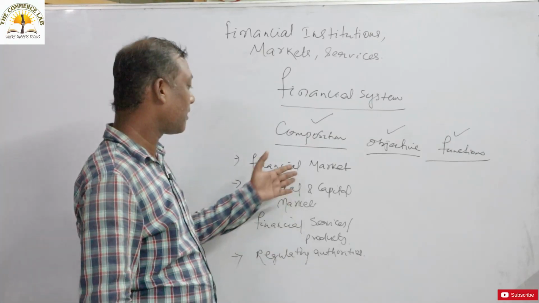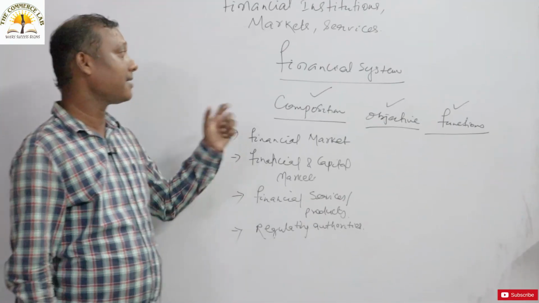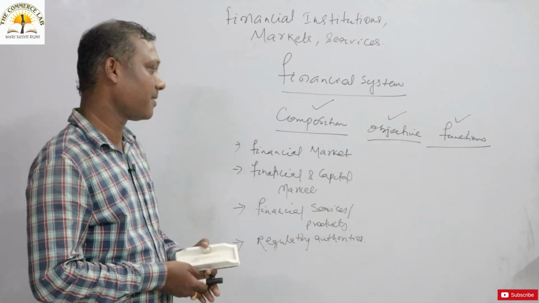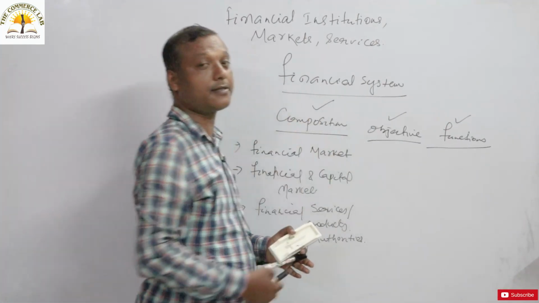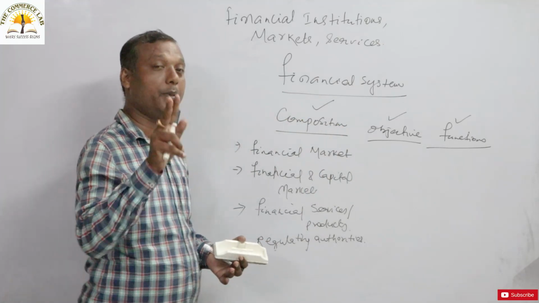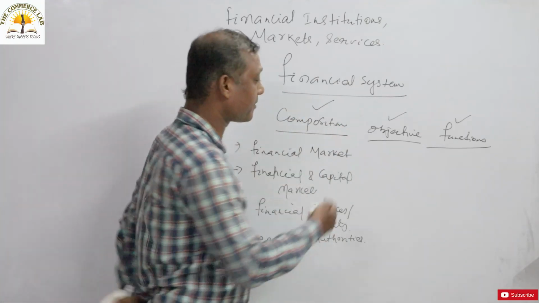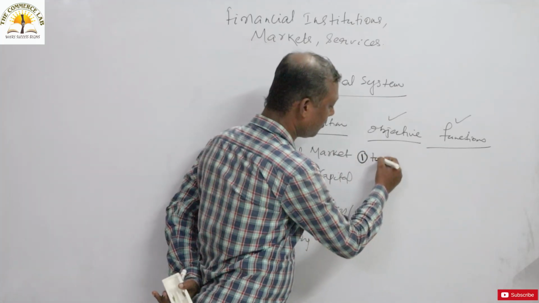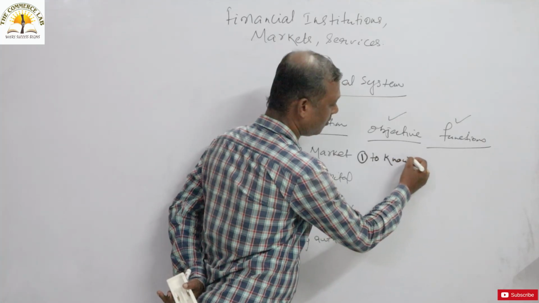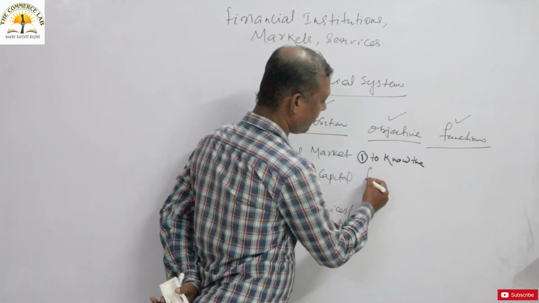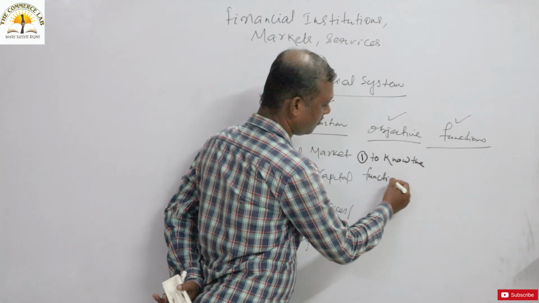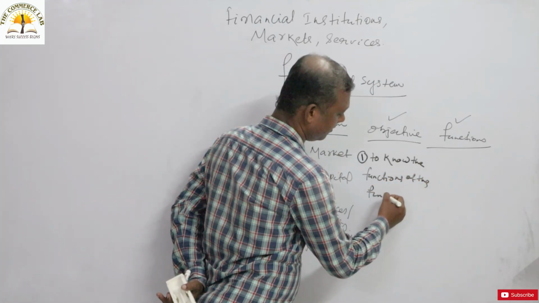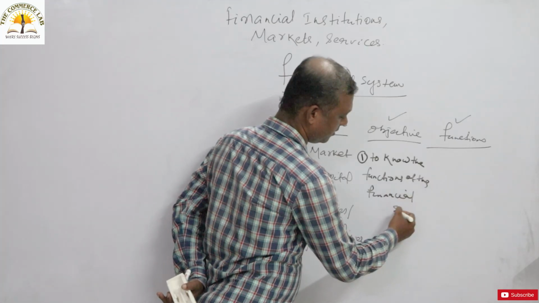So we have completed our discussion about the composition of the financial system. Now we will discuss the objectives of the financial system. When I talk about the objectives of the financial system, it comes to my mind that there will be two objectives. First objective, let me write that: to know the functions of the financial system.